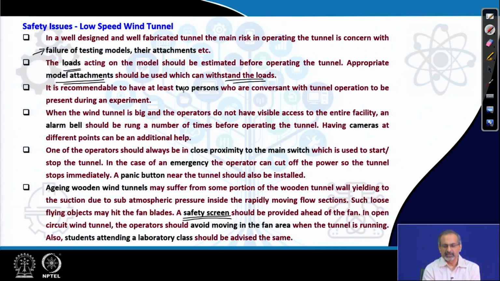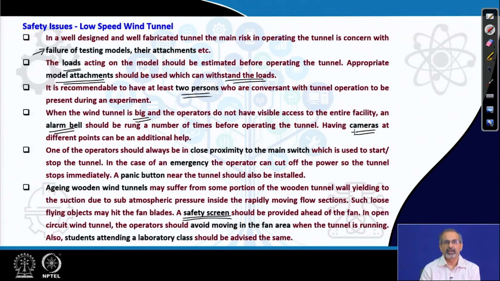It is recommendable that at least two persons who are conversant with the tunnel operation are always present during the experiment. A single person performing the experiment is not recommendable. In large facilities where operators do not have visible access to the entire facility, there should be provision for alarm bells, which should be rung a number of times before operating the tunnel, and having cameras at different points in the facility can be an additional help.